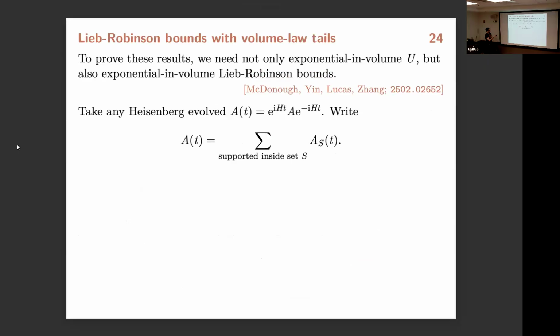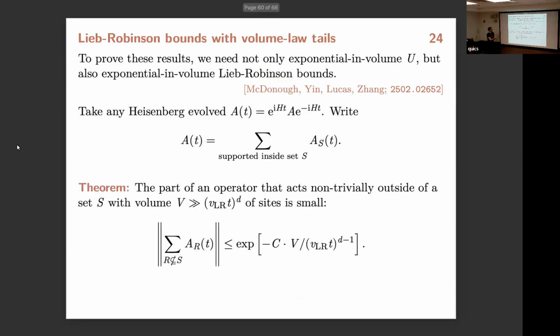You take an operator A(t), evolve it in time, and collect all the terms that act on sets of size S. Our goal is to say that all the terms that act on sets S which have a large volume V are exponentially suppressed in V, when V is large compared to what you might call the Lieb-Robinson light cone.